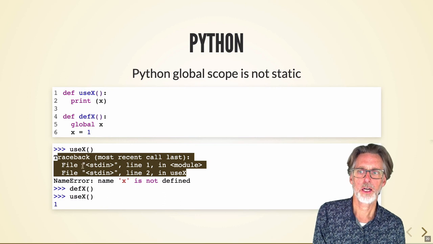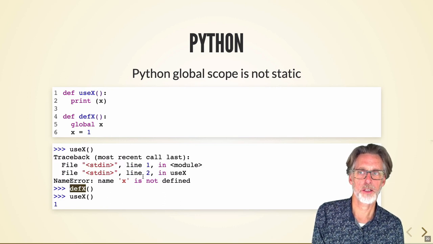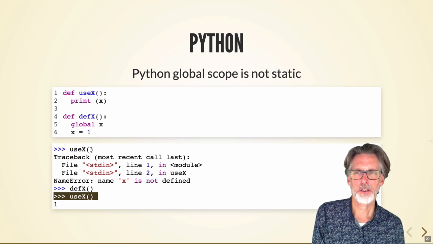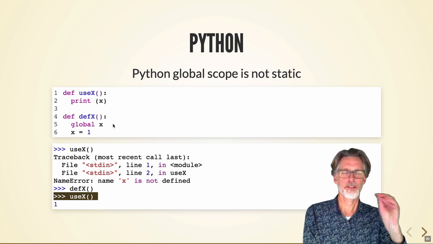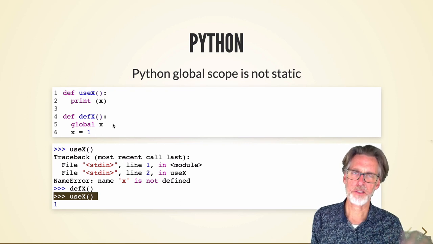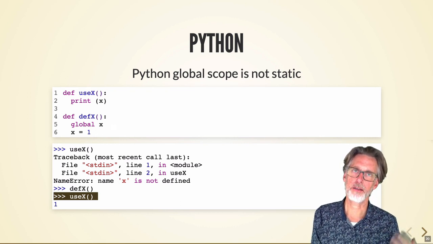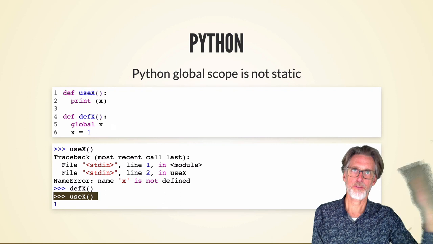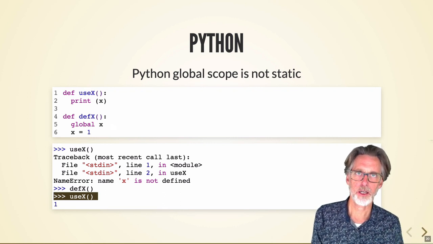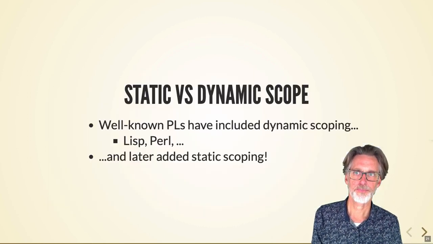Later on, however, I can run a function called defx, which declares a global variable x. And after that, if I try to use x again, well, it'll work just fine. And so you can see that this use of global variables in Python is very different from what you would get in something like C, where the global variables all need to be declared before the program runs.